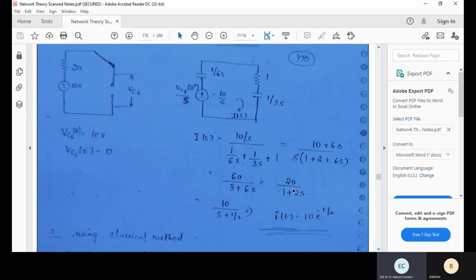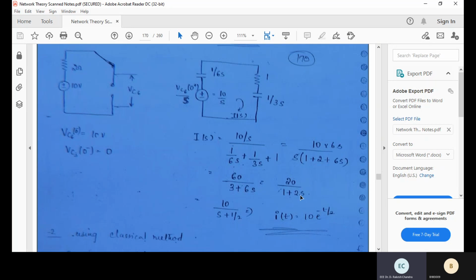Always you intend to find the I of t response. For that, we use the Laplace domain, first we find I of s, and after that we apply inverse Laplace transforms and find the current response I of t.